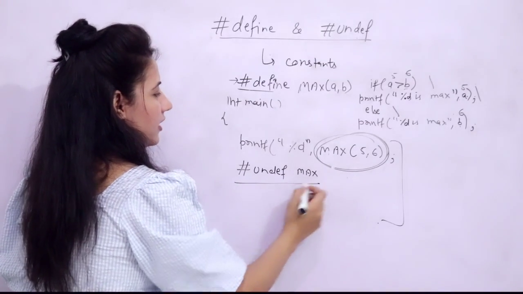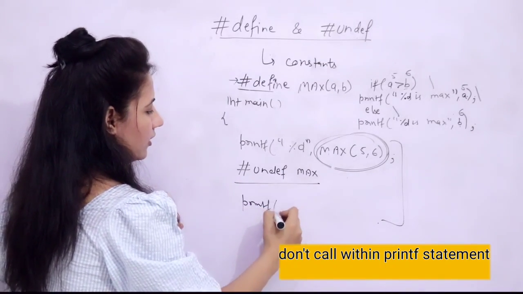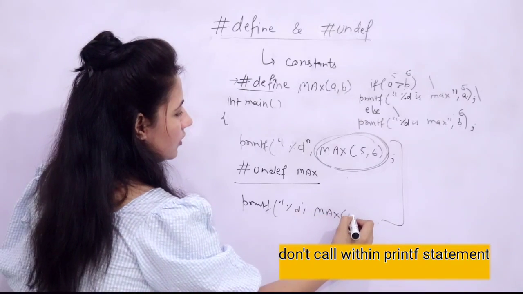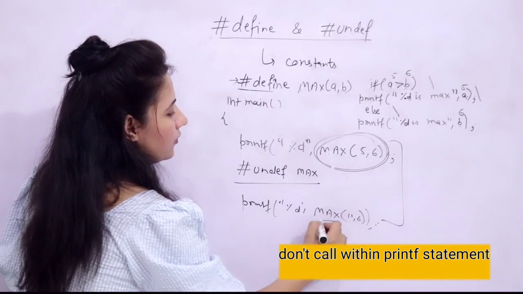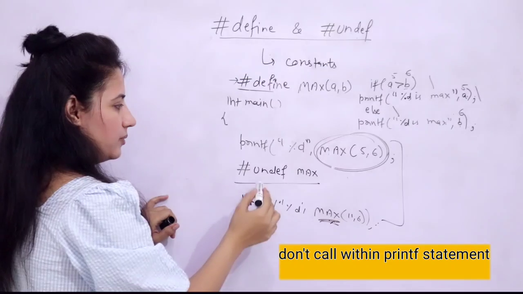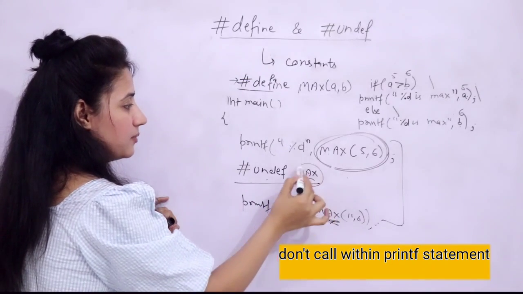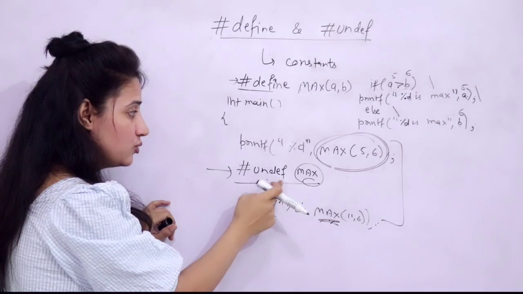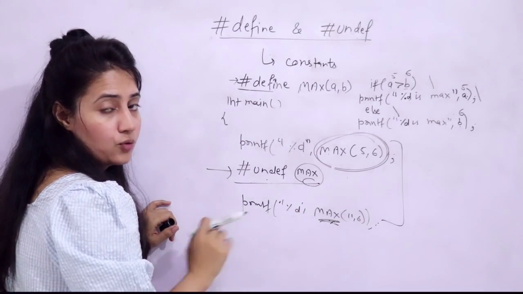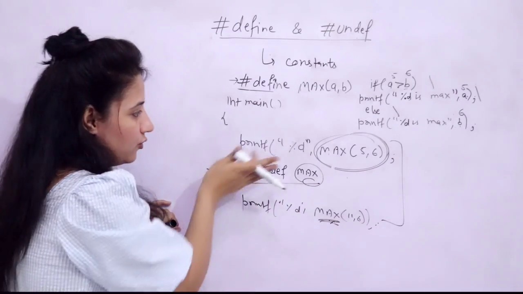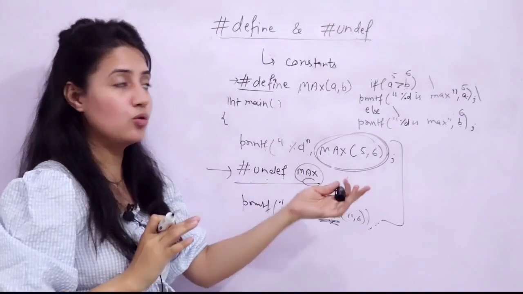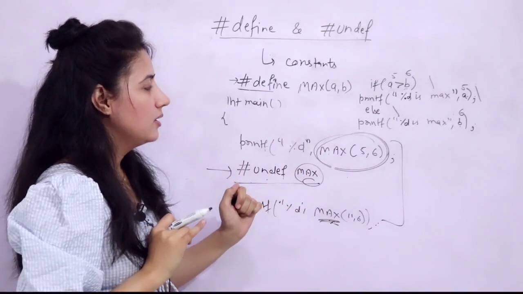And after, if this undef you want to write down printf %d and max, again you want to use 11 and 6, it will give error, undefined reference to this max, because we have undefined this macro at this point. So after this point you cannot use this max, it would not be recognized. If you don't undefine, then it would be fine. So it is just to undefine the macro you have defined, right?